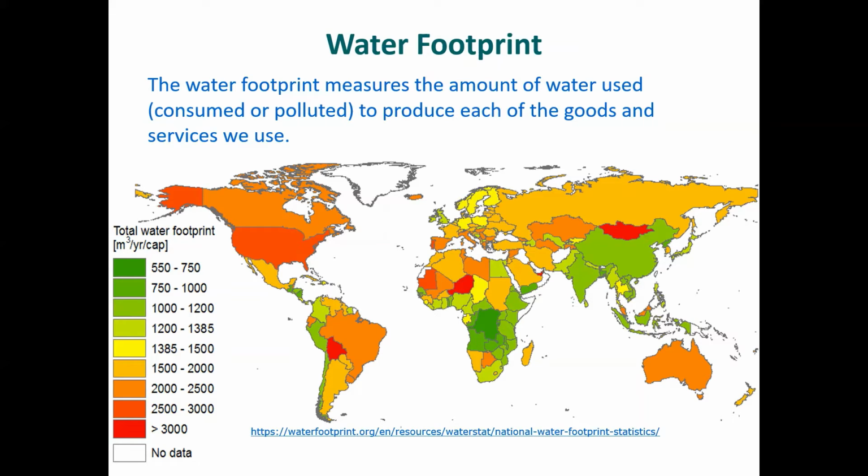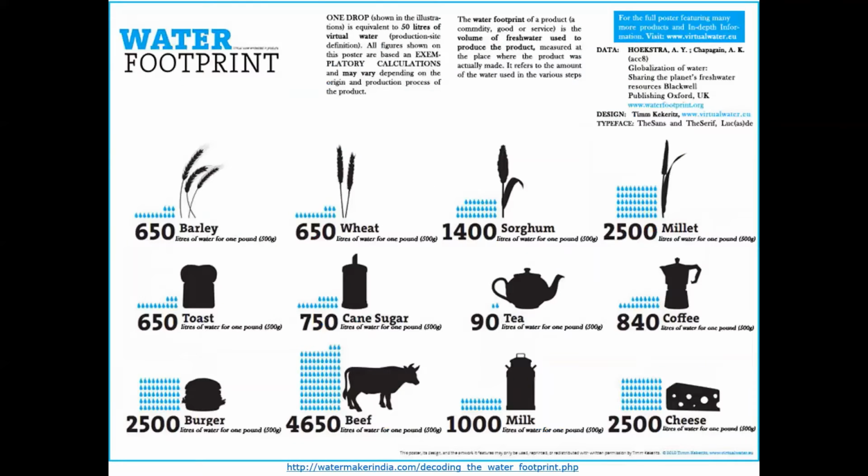Canada, on the other hand, has lots of water, so our water footprint tends to be relatively high. According to this map, we're outdone by the Americans, which always seems to be the case, particularly with consumption. But we're water rich, so our water is cheap and our water footprint is a lot higher.